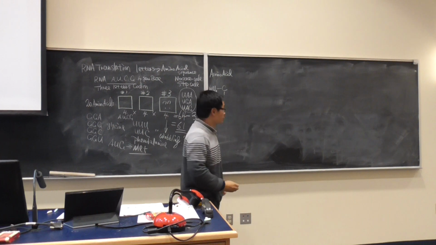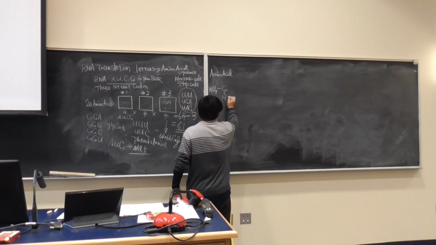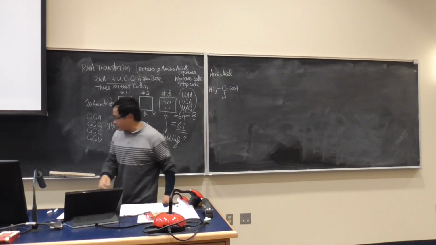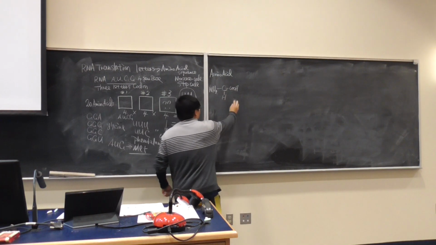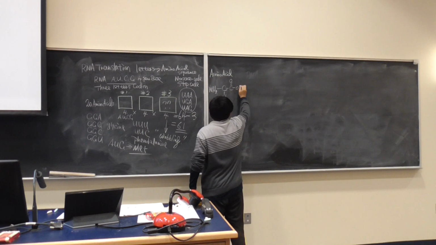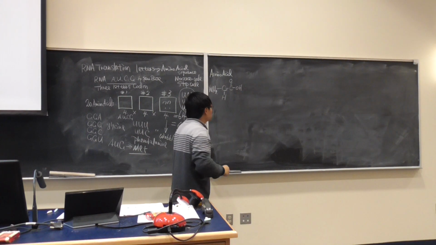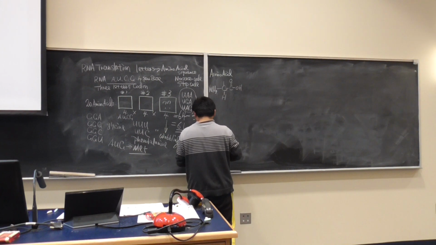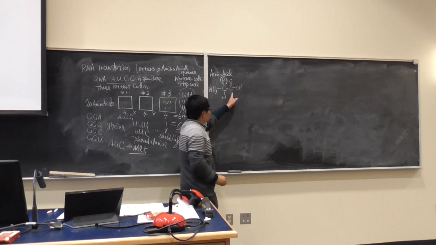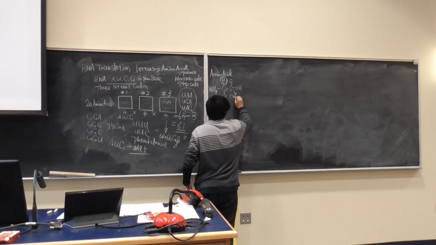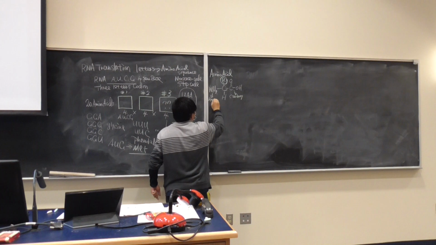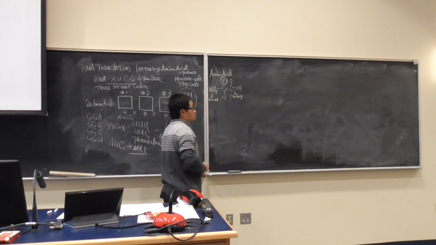Only glycine is different. You have H, you have COOH. If you really want to write it in chemistry, it's COOH, and the side chain is R. This is the carboxy group, and this is the amine group, or amino group.